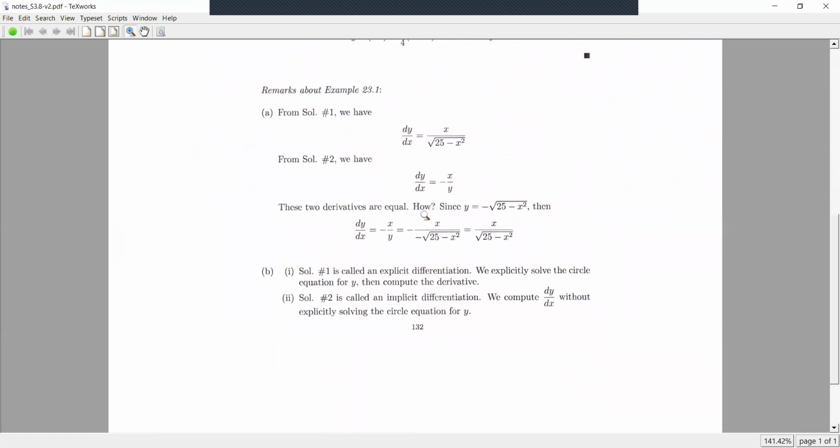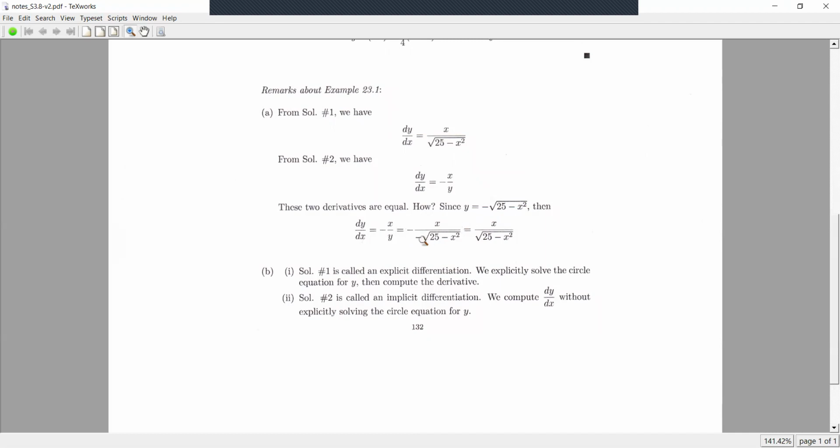How to see that? From solution 1, we saw that y is negative square root of 25 minus x squared. If we plug this equation in here, then the derivative from solution 2 becomes this.